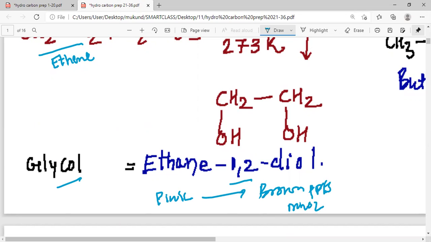Here, my dear students, please remember that this is known as the ethane 1,2-diol formed. This ethane 1,2-diol is also known as glycol. Please do not forget these names because they are also important.